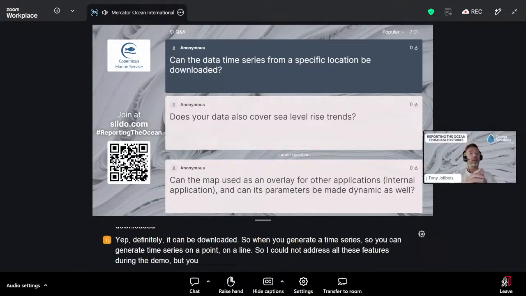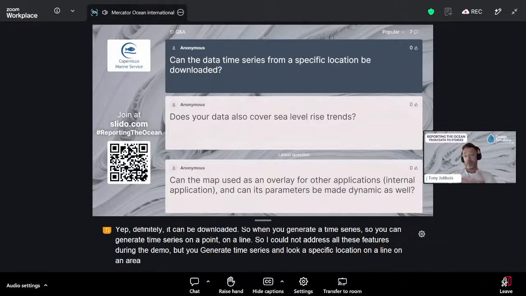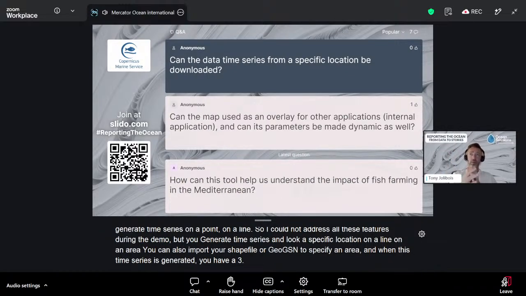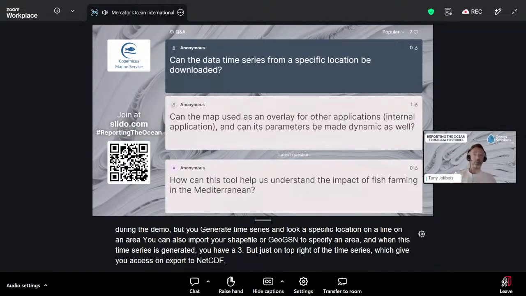You can also import your shapefile or GeoJSON to specify an area. When this time series is generated, you have a 3-point button just on top right of the time series, which gives you access to export to NetCDF, export to CSV. So yes, you can download time series.